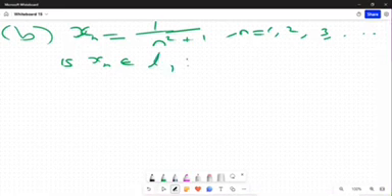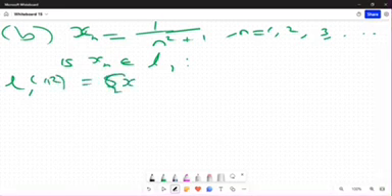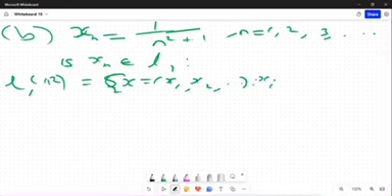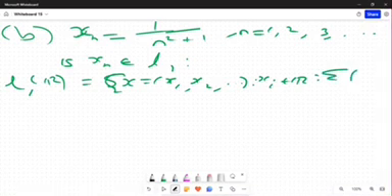Well, if it's an element, it will follow that L1 R, which is defined as the set of infinite dimensional X1, X2, and so on and so forth, each of your Xi belongs to R, and such that the summation of the modulus of Xi is less than infinity.